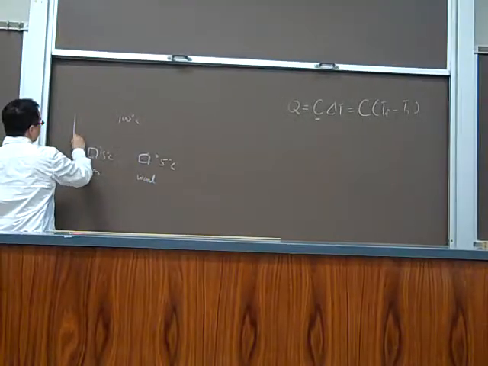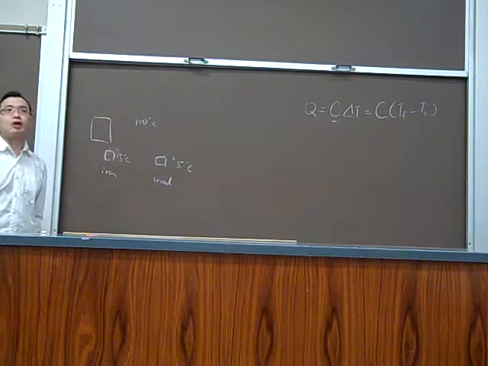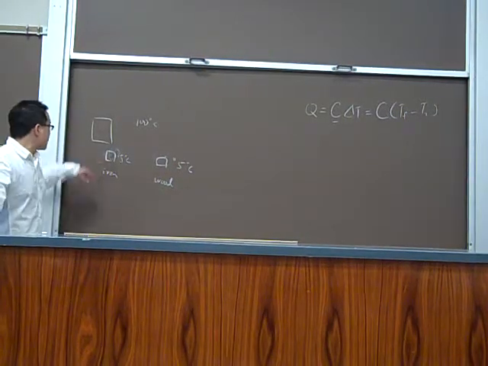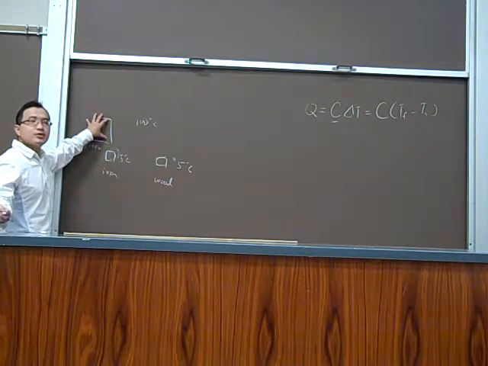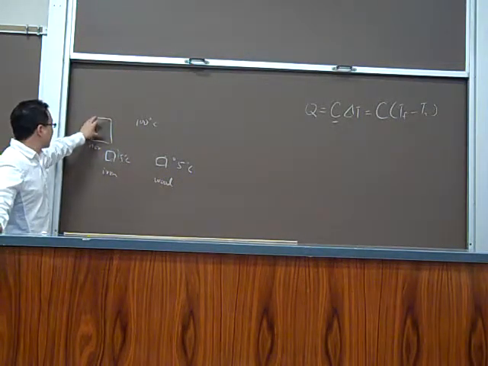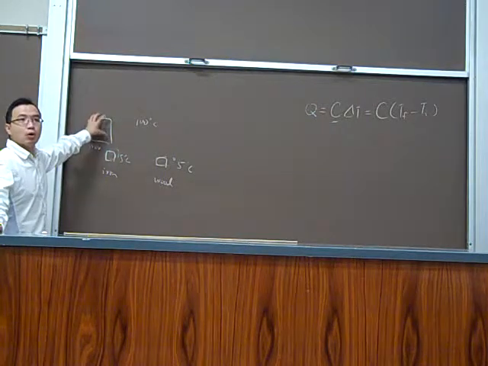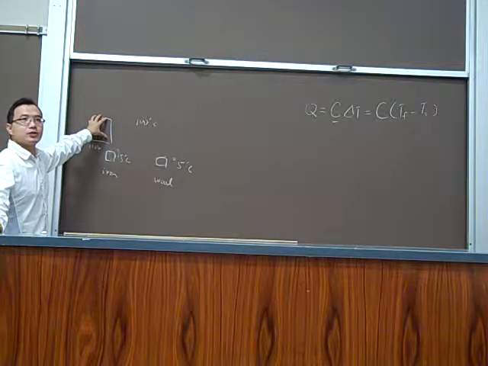Again, it depends on two things. First, of course, it should depend on the size of the object. For the same material, if this is iron and this is also iron, a larger size or larger mass of iron will store more energy inside, right?